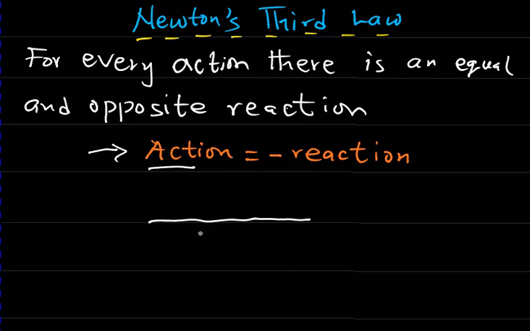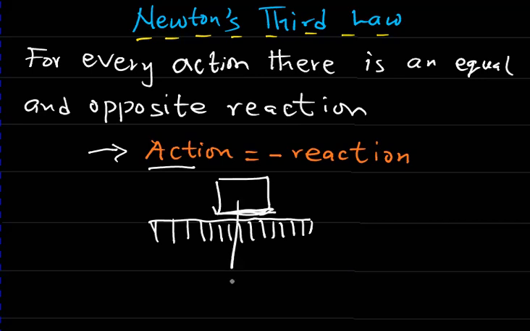Let's say there is a floor that withstands the weight of an object. An object is placed on this floor. The weight of this object is acting downward. For this floor to withstand the weight of the object, it has to react in the opposite direction to the weight.